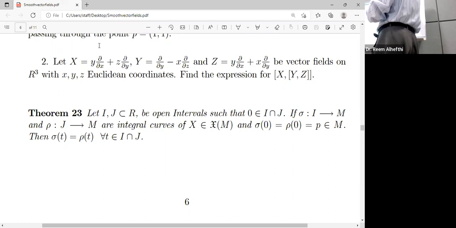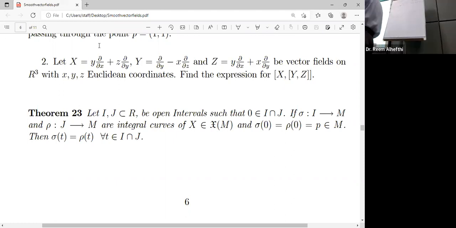If you have two integral curves, sigma and rho, such that sigma 0 is the same as rho 0, say some point B, then what happens is that it cannot happen at simply one point.